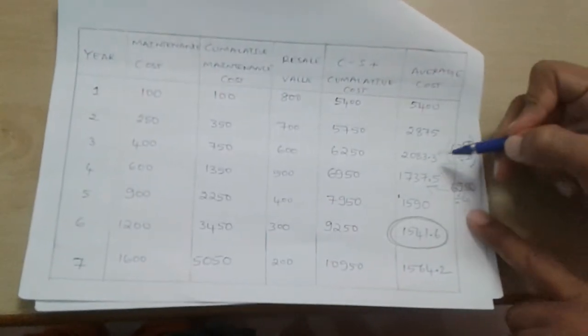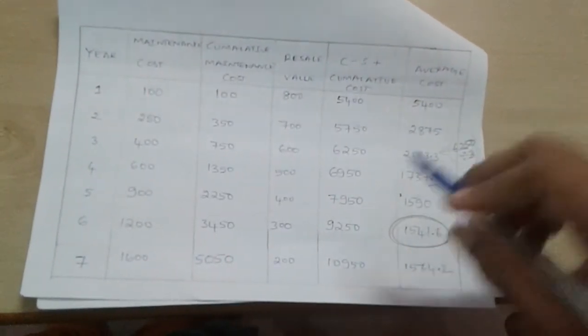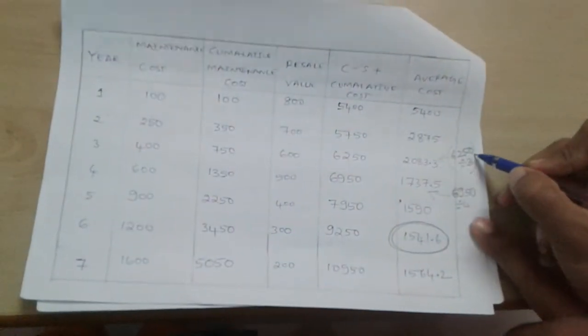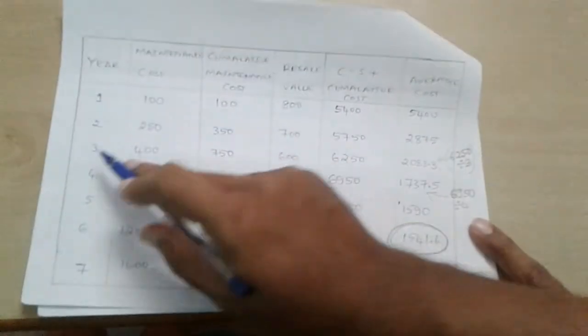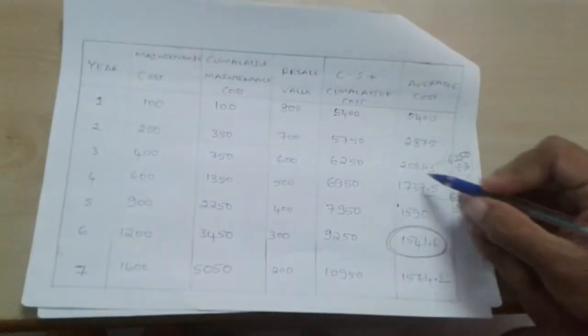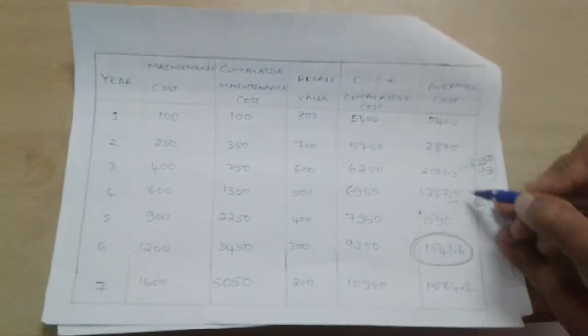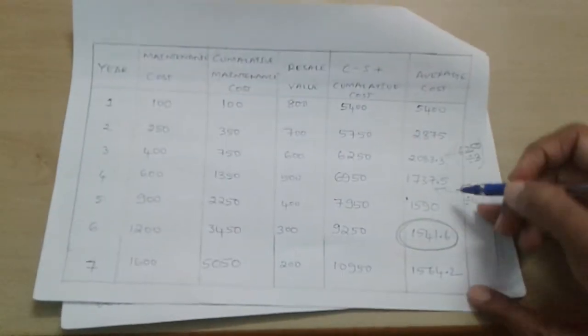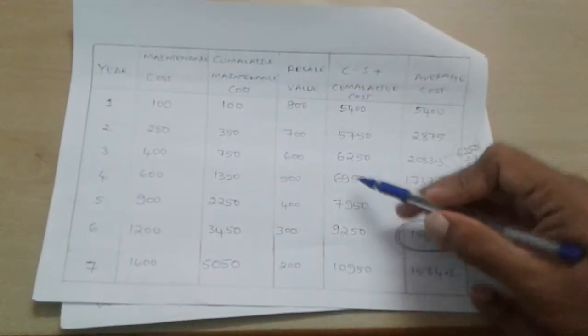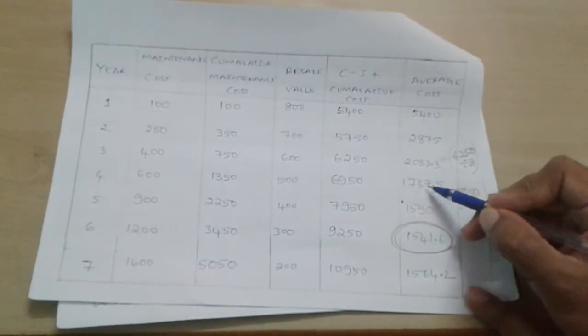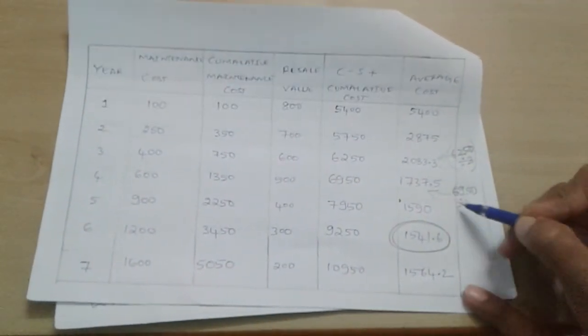Just observe the average cost for the third year: total cost 6,250 divided by 3 comes out to be 2083.3. Likewise for the fourth year it is 6,950 divided by 4, which comes out to be 1,737.5.